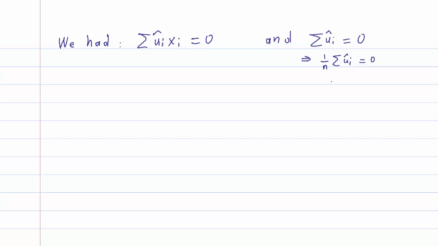We had the sum of ui hat xi equals 0, and we also have the sum of ui hat equals 0. These are the two results we got from the first order conditions. The second result just means that 1 over n times the sum of ui hat equals 0, so ui hat bar equals 0.